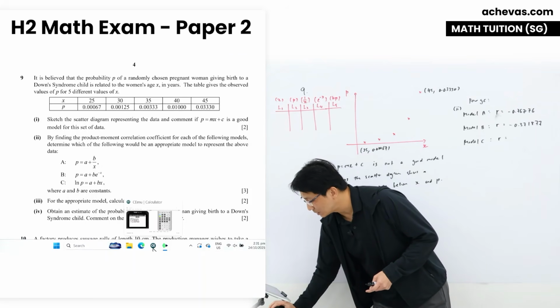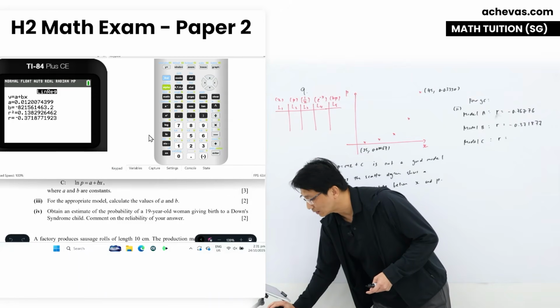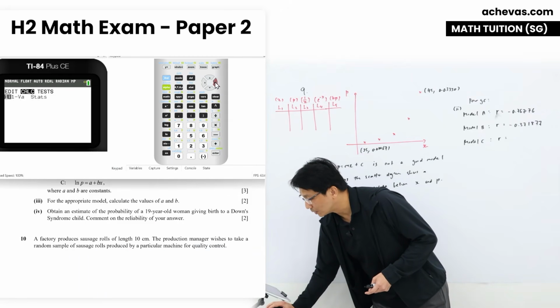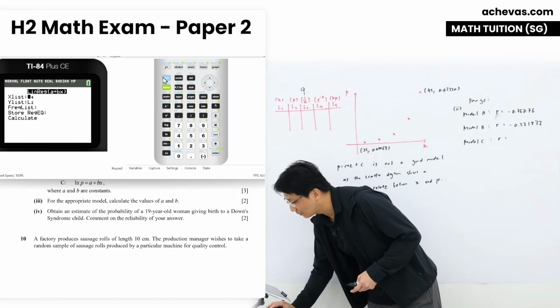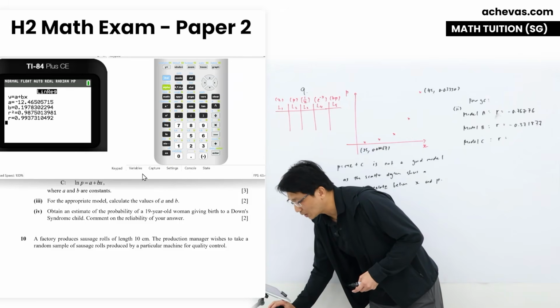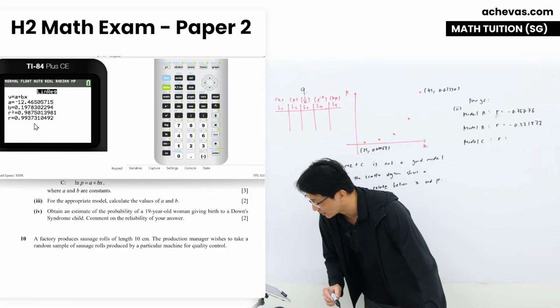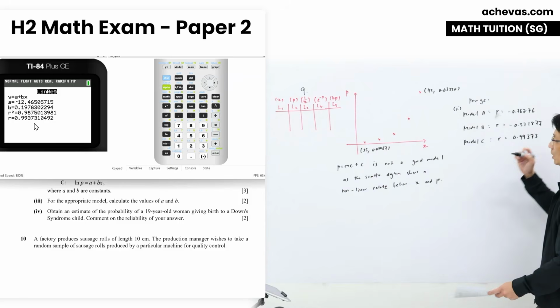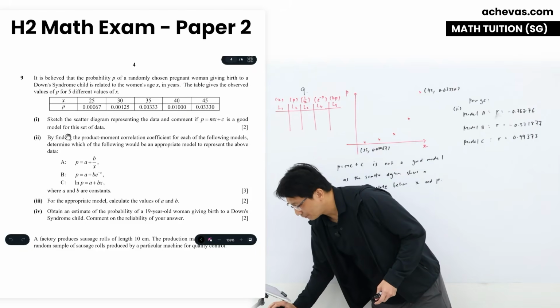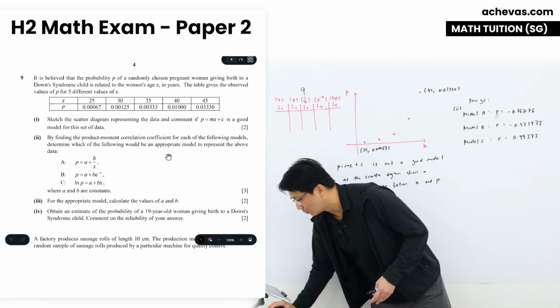So in this case, let me go back to our calculator, stats. Now we go to calculate number 8. In this case, our X list will still be the first one, so I press second L1. And for this case, the Y list will be second 5. So we will go to calculate. Okay, in this case, our value of R is 0.99373. With these values, the question also wants us to determine which is the appropriate model.